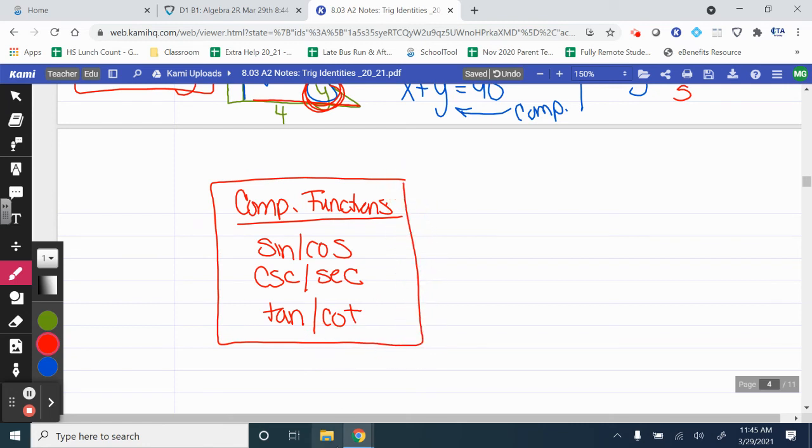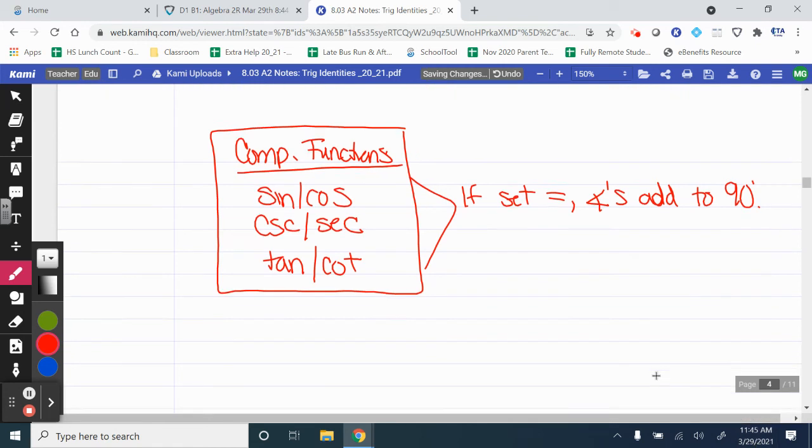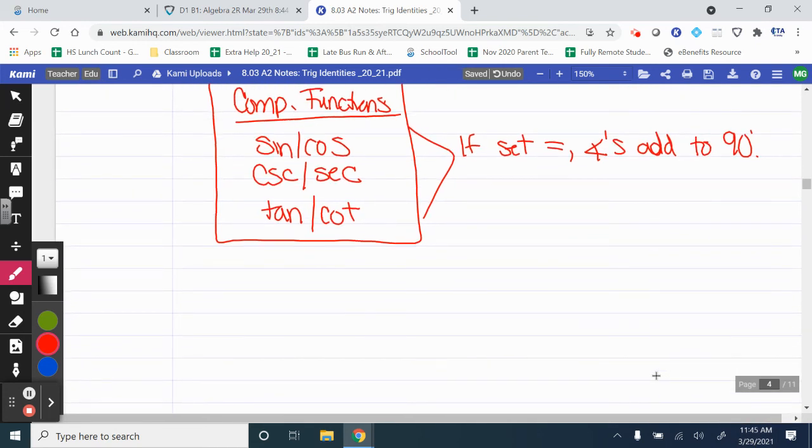So anytime you see these set equal to each other, that tells us that their angles add to 90 degrees. So if set equal, the angles add to 90 degrees. They have to be complementary because they're going to be the other two acute angles in the right triangle.